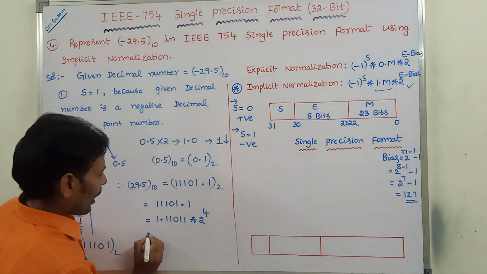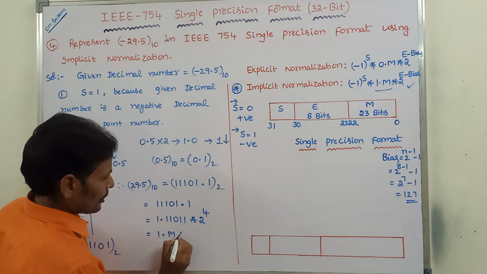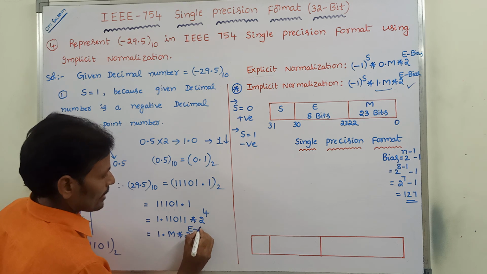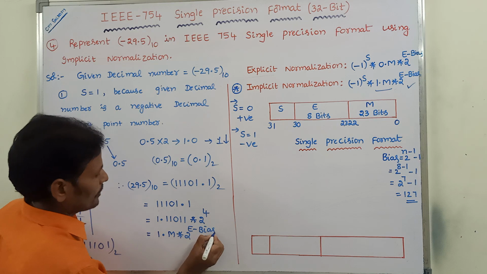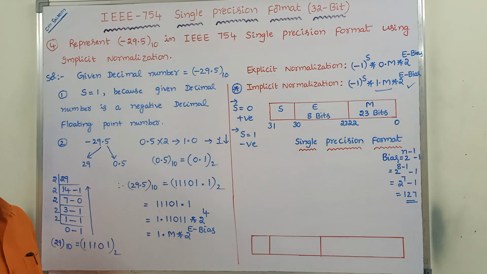So it is in the form of 1 point m into 2 power e minus bias value. This is the implicit normalization formula.